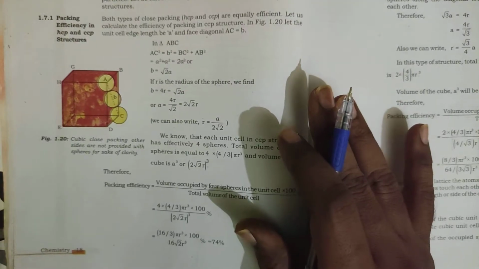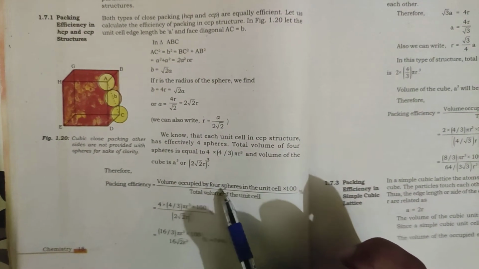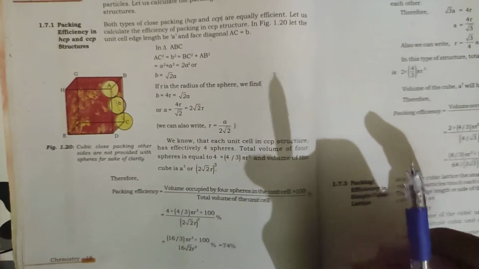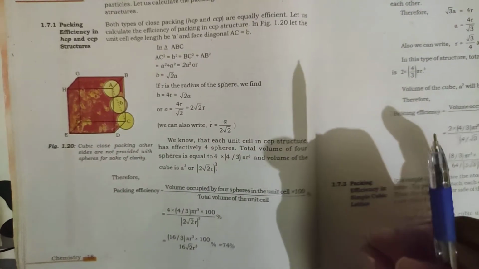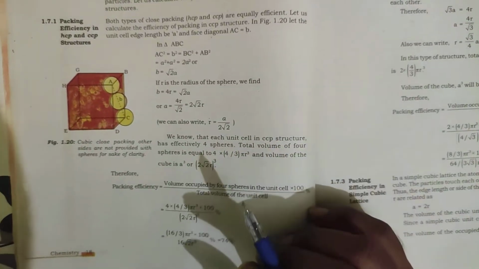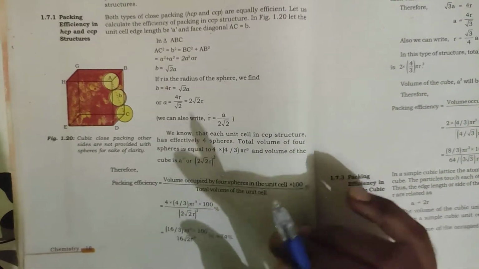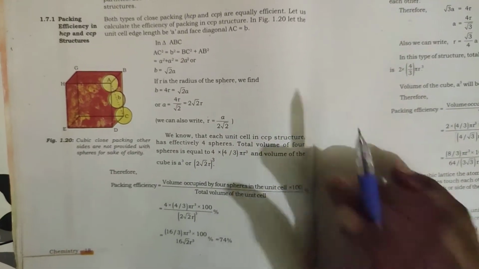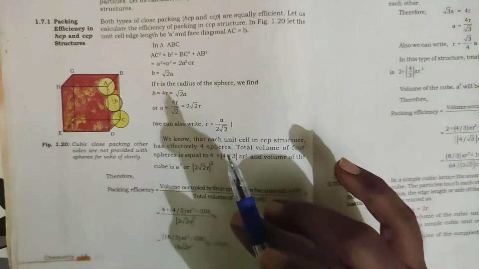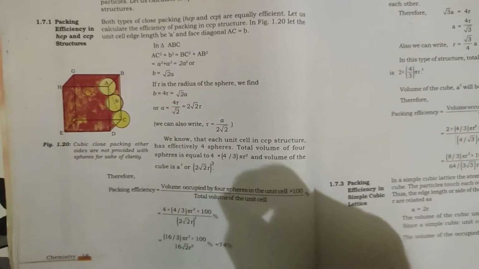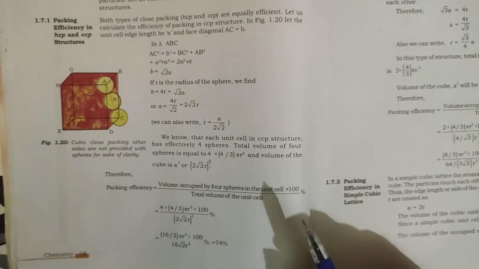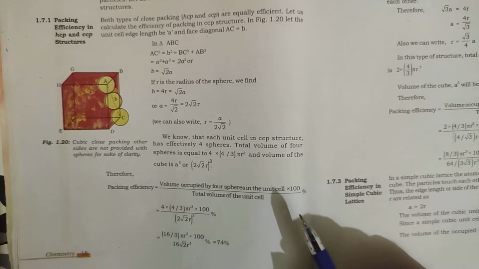Generally, the packing efficiency formula is the volume occupied by the spheres by the total volume of the cube into 100. If you do, you will get the packing fraction, or packing efficiency. So first I am taking the example of the FCC structure. What is meant by FCC? Face-centered cubic lattice. It is a unit cell consisting of particles at the corners as well as the face centers.